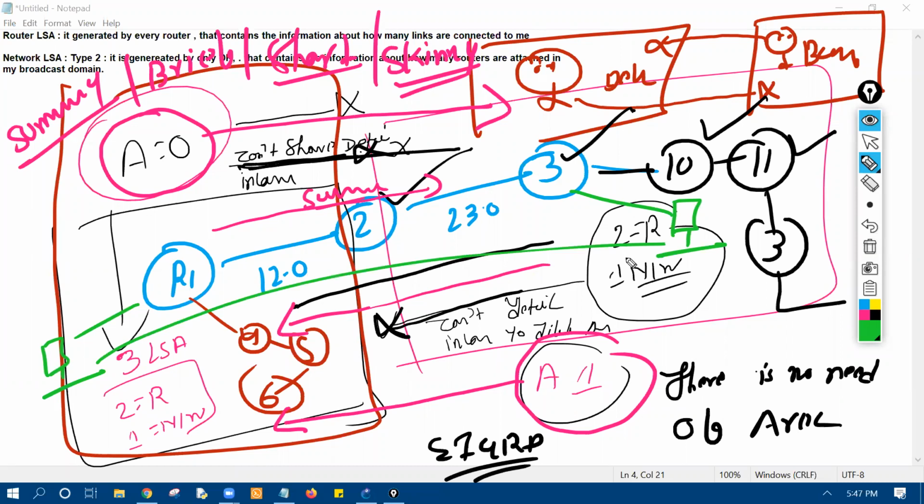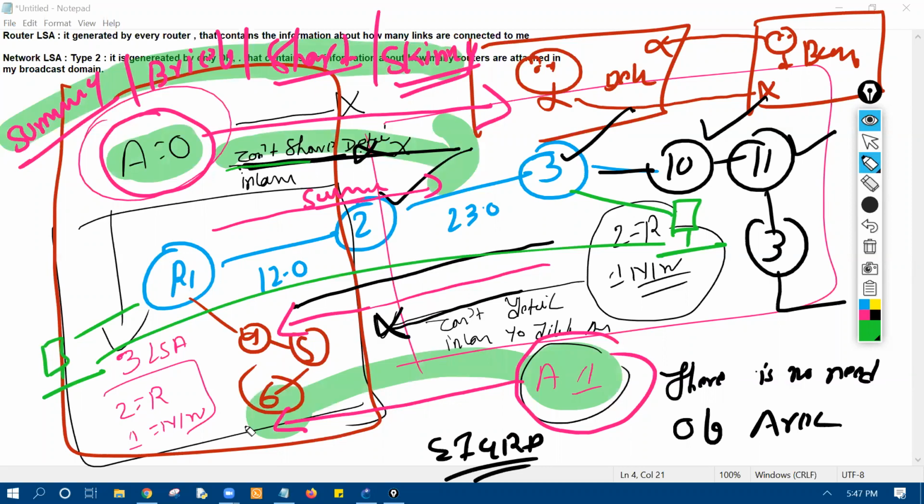Instead of sharing the detailed information, I'm just going to share my summary information: brief information, short information, skinny information. Area 0 will share the short information to area 1, and area 1 will share the short information to area 0, but they will never share the detailed information.